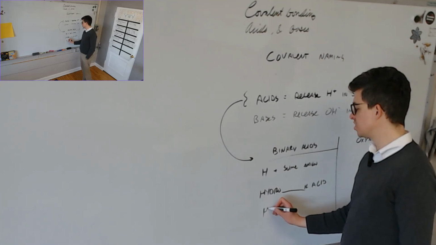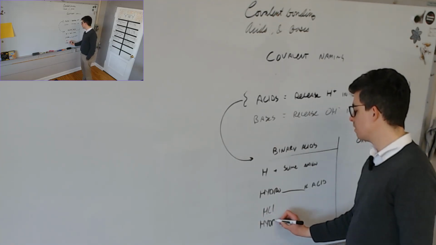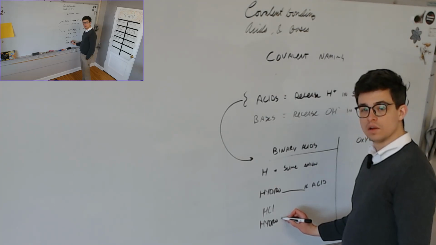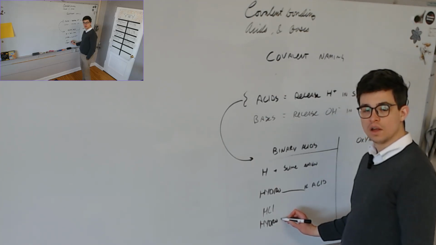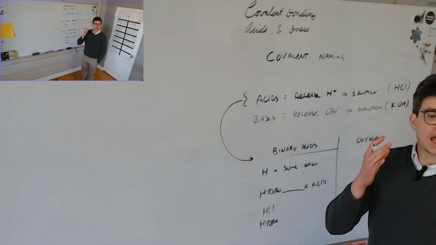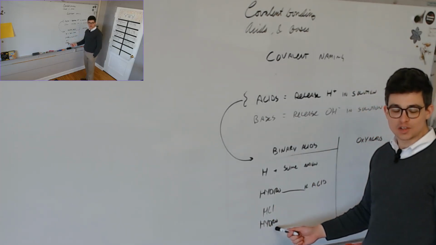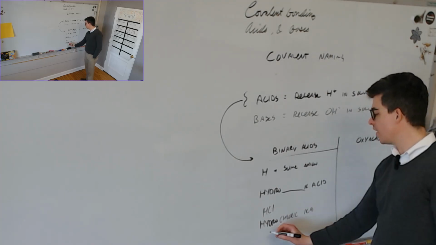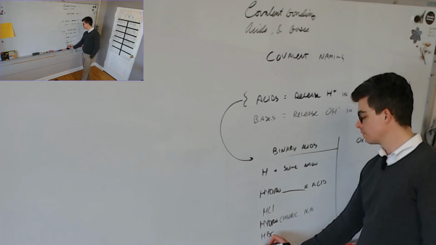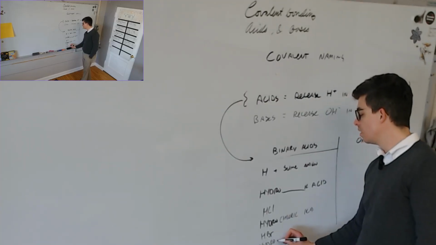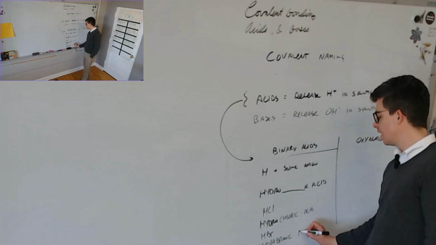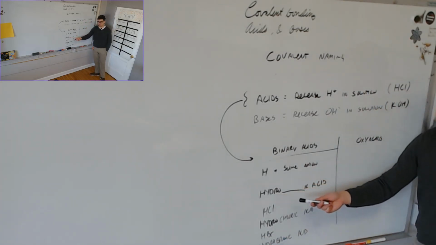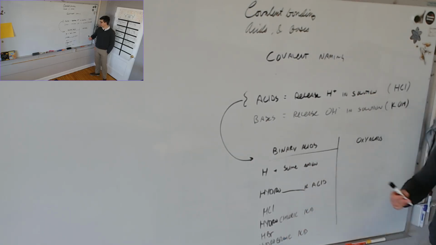So if it's HCl, as we already said, it's hydrochloric acid. Okay, what about HBr? Hydrobromic acid. So they're just hydro, the root of the anion, ic acid.